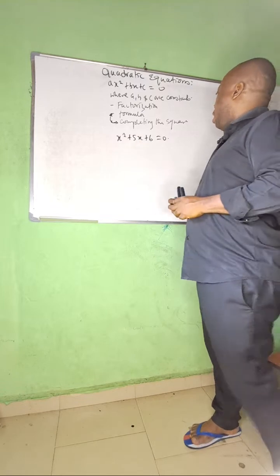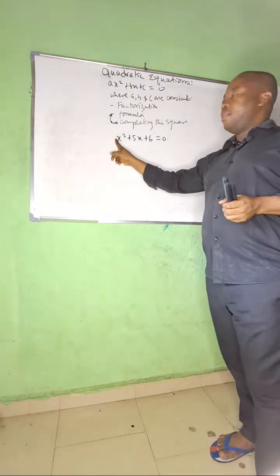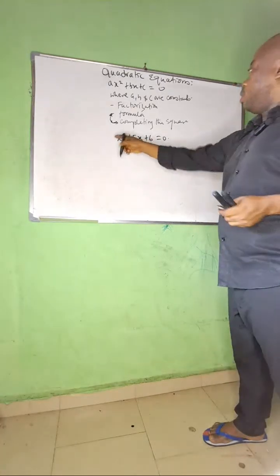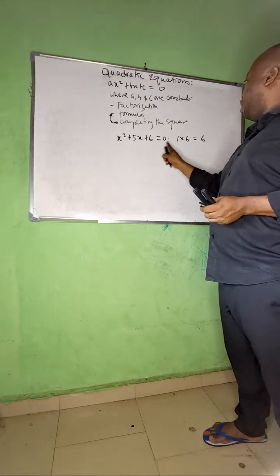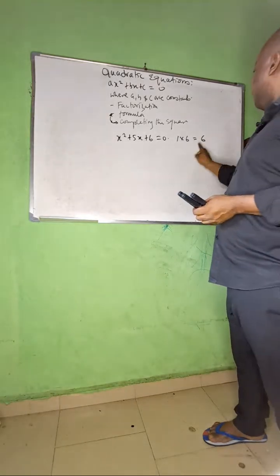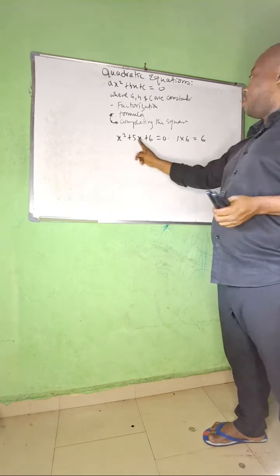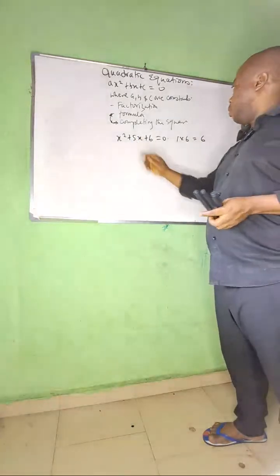To do that, you multiply the constant and the coefficient of the quadratic term. That gives us 1 times 6, that is 6. Now you look for what we call prime factorization in mathematics. You keep factorizing 6 until you have two numbers whose sum is 5 and product is 6.